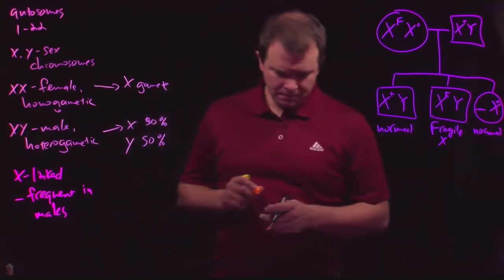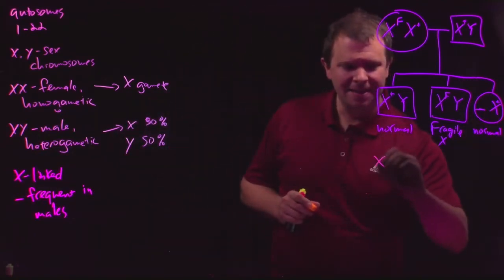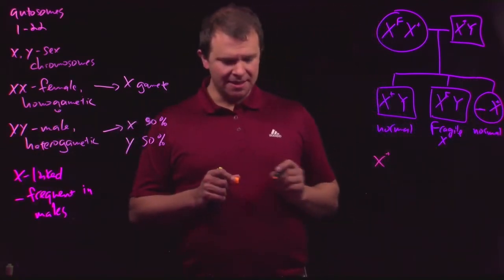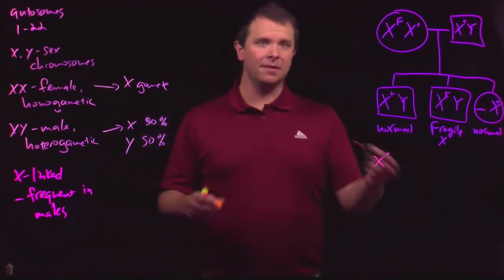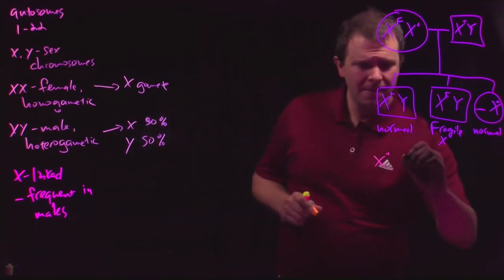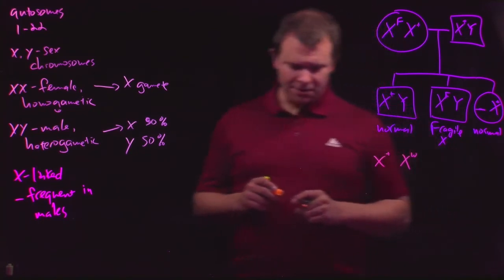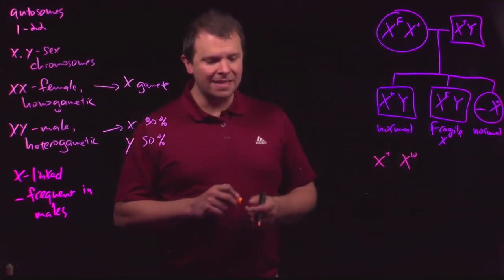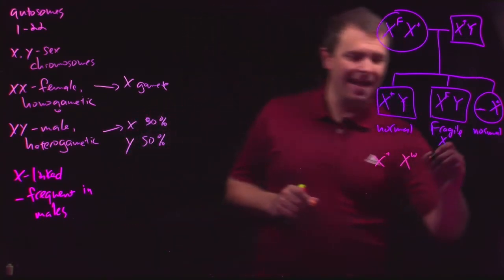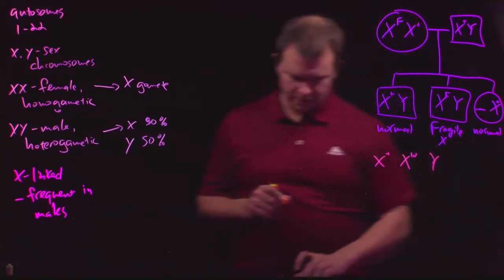We have X plus, which is the wild type allele on the X chromosome. We have XW, which is the white-eyed allele, and we have the Y chromosome.